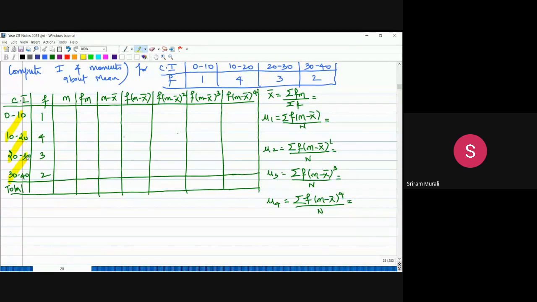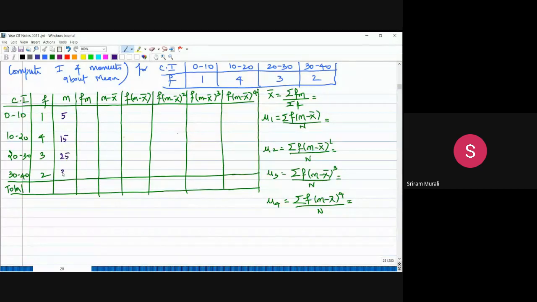If not, you should take a 0.5 difference in the lower limit and the upper limit. Add in the upper limit, subtract in the lower limit. If it is direct, we can go. You have to find x bar. X bar is sigma fm by sigma f. What is the mid value of this class interval? 0 to 10 mid value is 5. 10 to 20 mid value is 15.